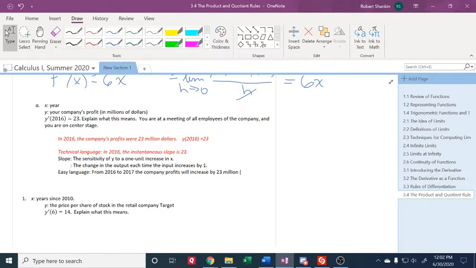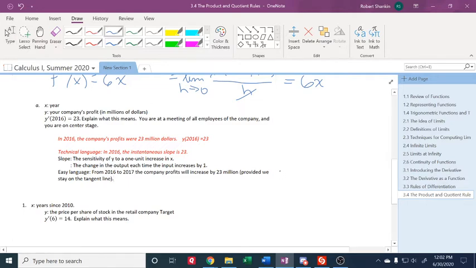Now, what we know is this is also the case, provided we stay on the tangent line. So, what's happening is, here's 2016. And the company's profits, maybe they'd been a rocky ride.